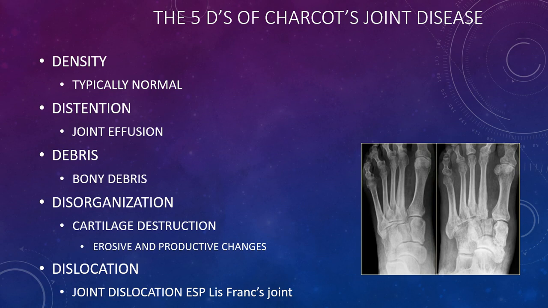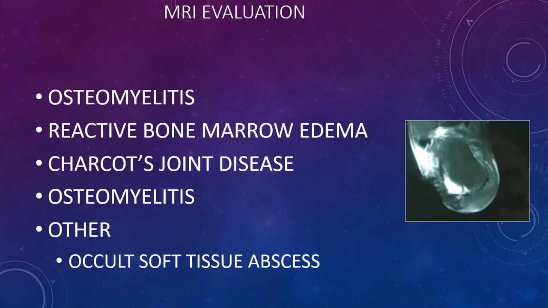We look for erosion and destruction of the articular cartilage and dislocation. Again, typically at Lisfranc's joint or the mid-tarsal area, less commonly but still not rare, involving the subtalar joint, ankle joint, and even the forefoot, where we see stress fractures and metatarsophalangeal joint resorption, so-called forefoot osteolysis.